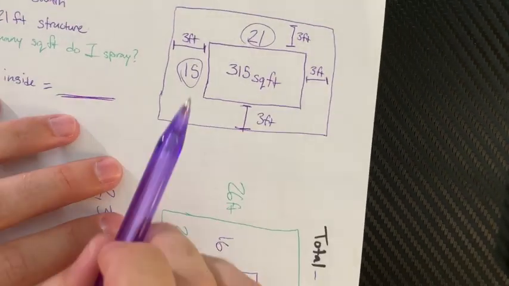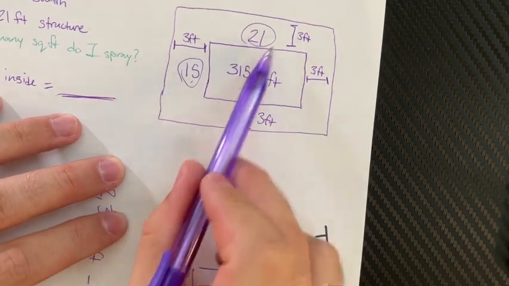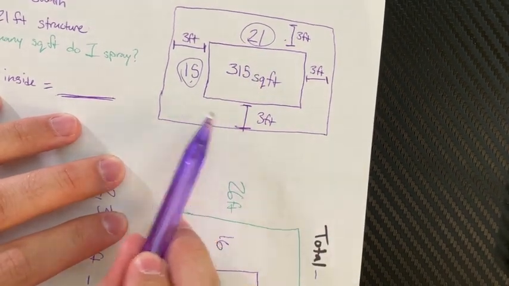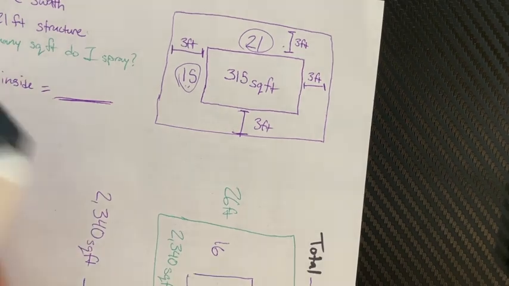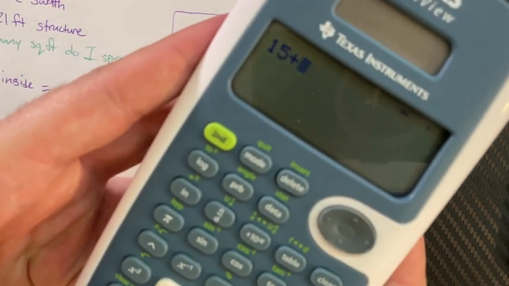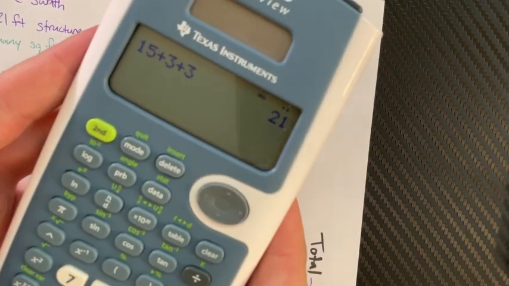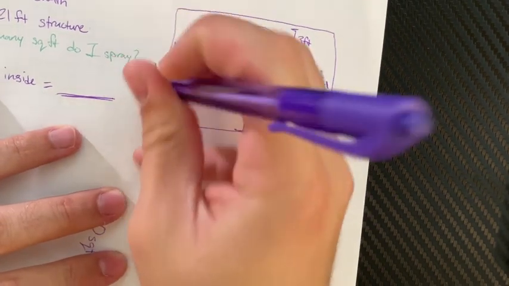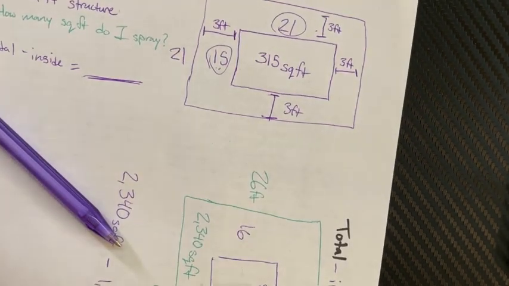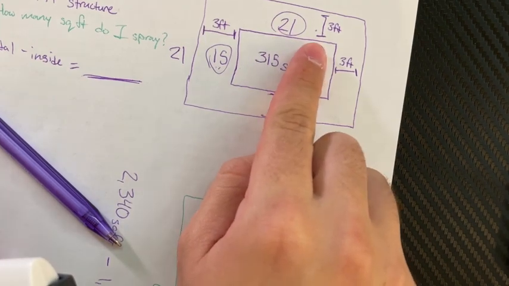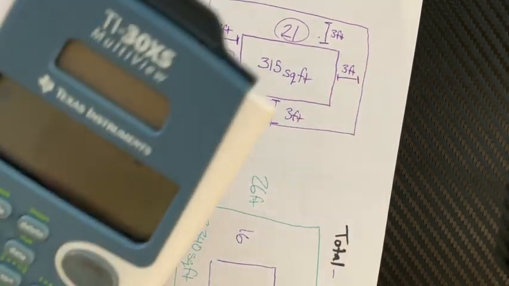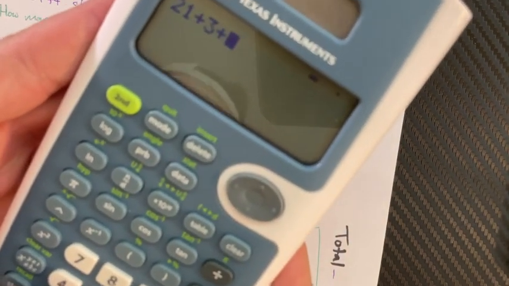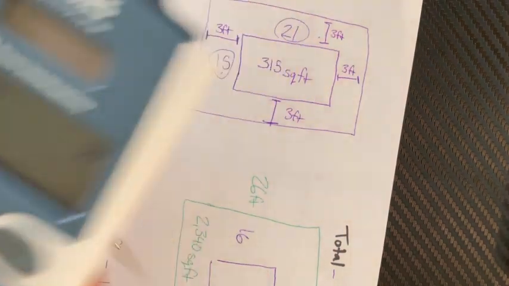Okay. So it was 15, now we're adding 3 on the top, 3 on the bottom, so that's 15 plus 3 plus 3, 21. So 21 on the outside. And now 21 plus 3 plus 3 on the left and right, 27.